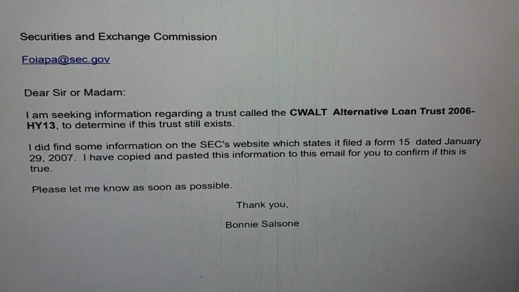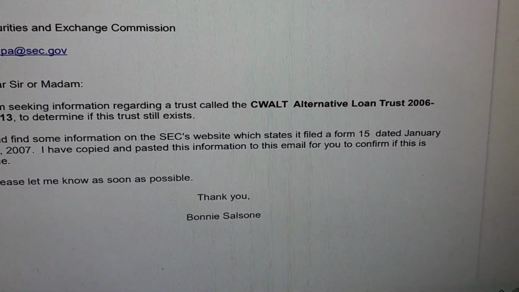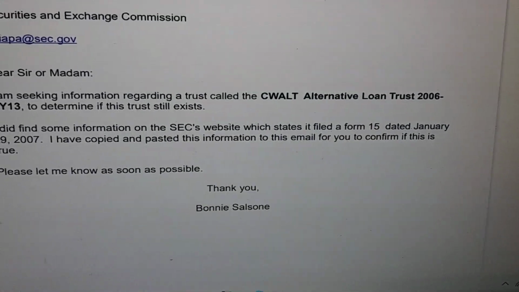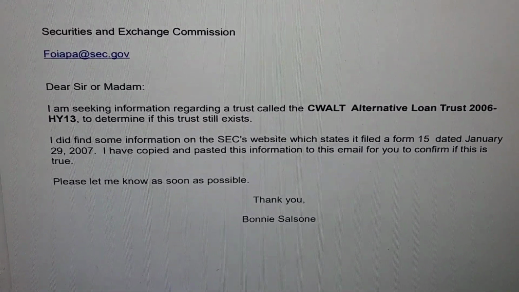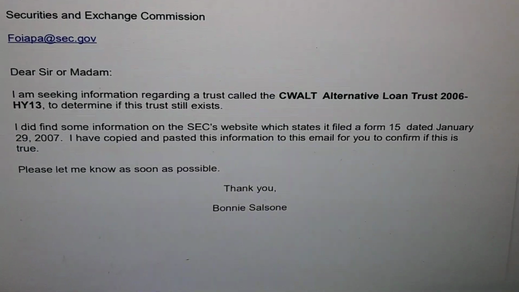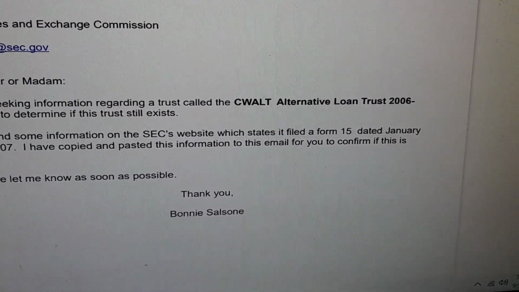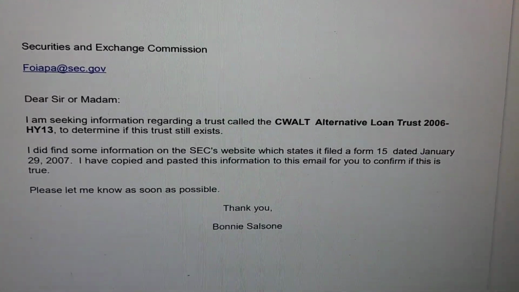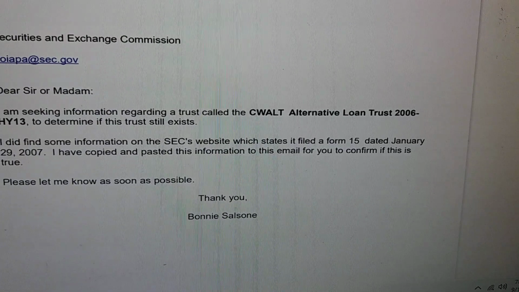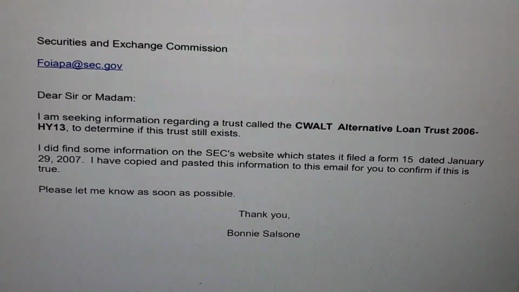Dear Sir or Madam, I am seeking information regarding a trust called the Seawalt Alternative Loan Trust 2006-HY13 to determine if this trust still exists. I did find some information on the SEC's website which states it filed a Form 15 dated January 29, 2007. I have copied and pasted this information to this email for you to confirm if this is true. Please let me know as soon as possible.